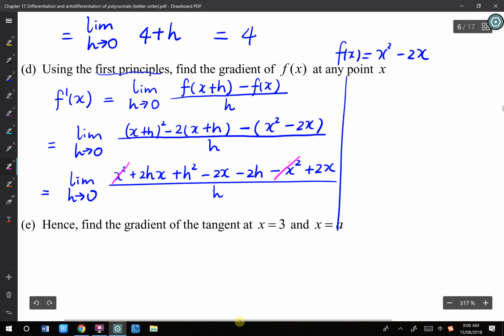The 2x and the 2x must cancel. If your expansion has something left with only x, no h, on your numerator, it means you got something wrong. The terms containing only x should cancel from f(x + h) minus f(x). It definitely needs to cancel, otherwise you did something wrong.